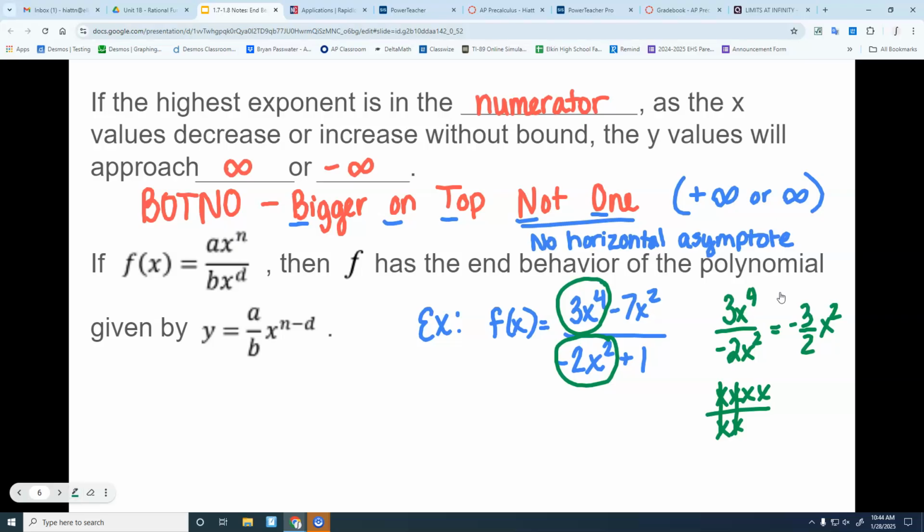So the limit as x approaches infinity of f of x is going to equal negative infinity. And because you have an even exponent, in your reduced version, the limit as x approaches negative infinity of f of x will also equal negative infinity.